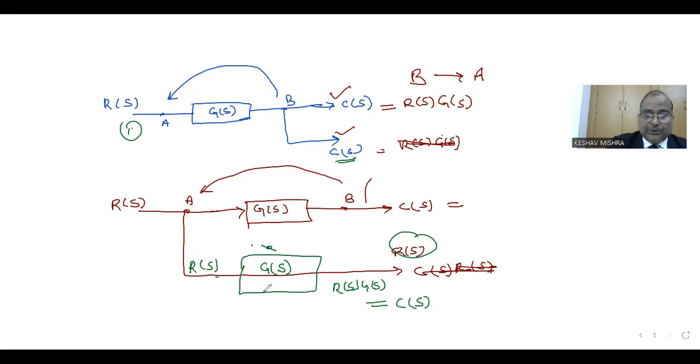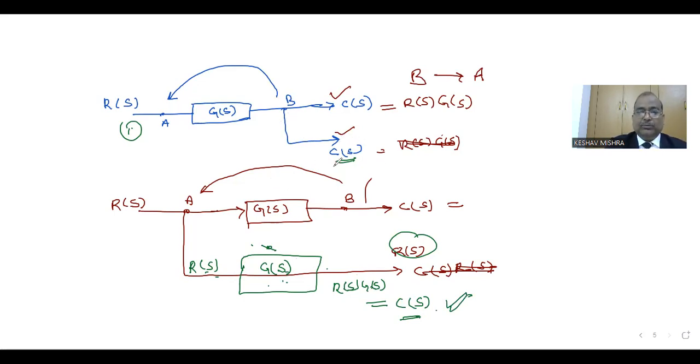So we have introduced an additional block with transfer function Gs. The output of this block is the input signal multiplied by transfer function Gs, that is Rs and Gs, which is nothing but output Cs. So in this case also we are getting Cs. Previously the output of this takeoff point was Cs.